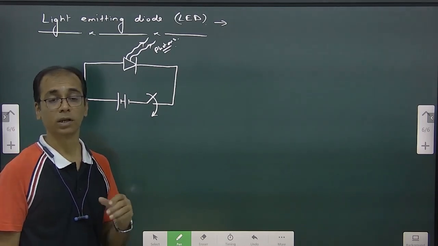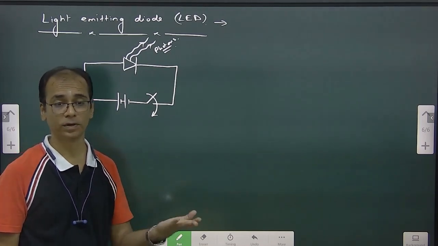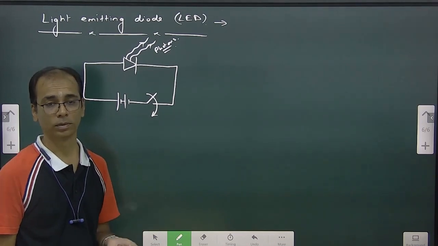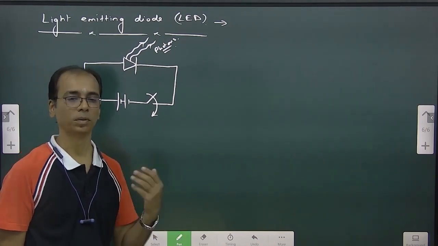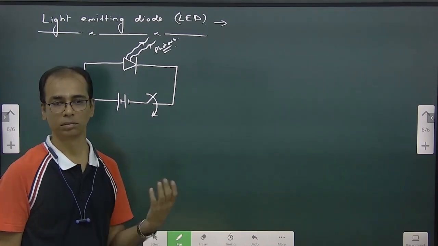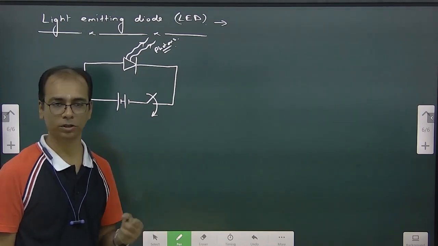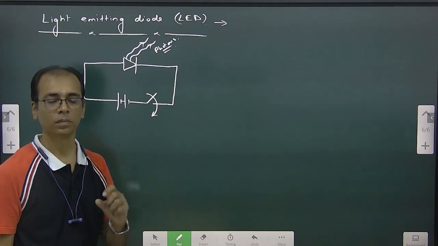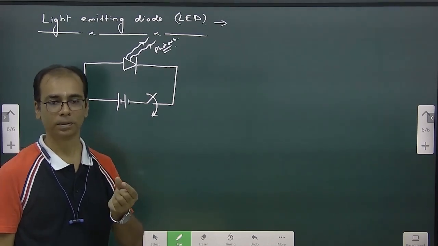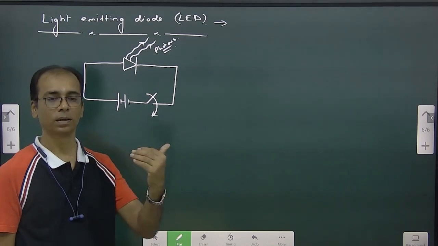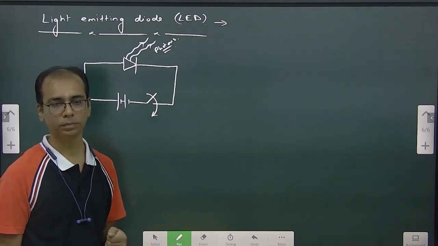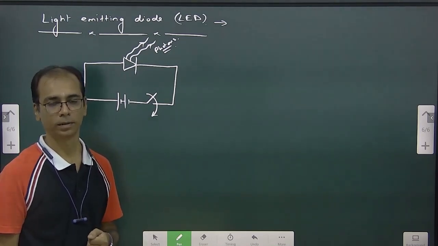We are calling it an LED. Now for different colors, different wavelengths are required, we all know, right? So we can get LEDs of different colors, maybe red, violet, yellow, green, blue, all are possible, depending on how much the energy gap is between the conduction band electron and the valence band.